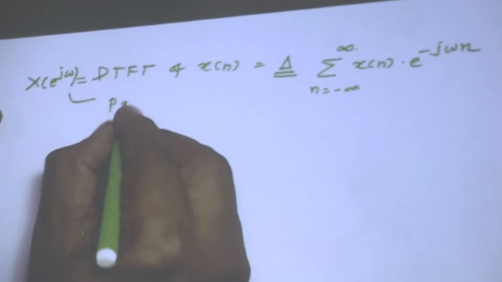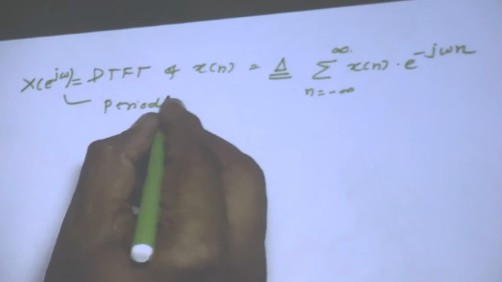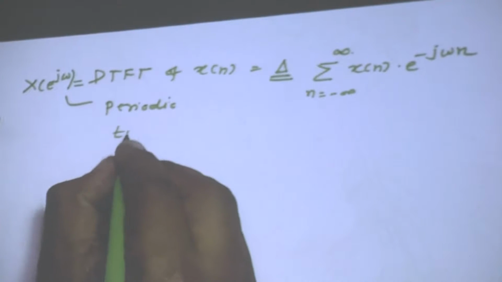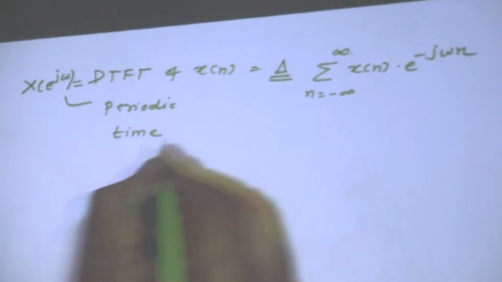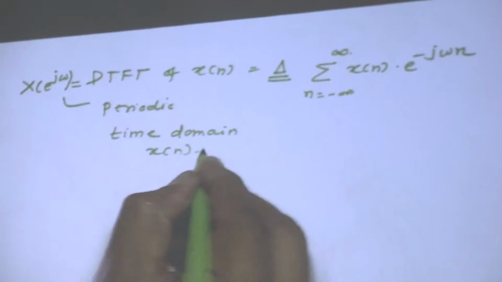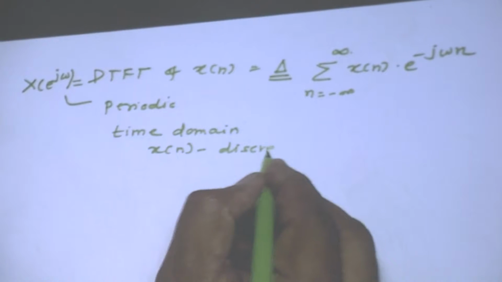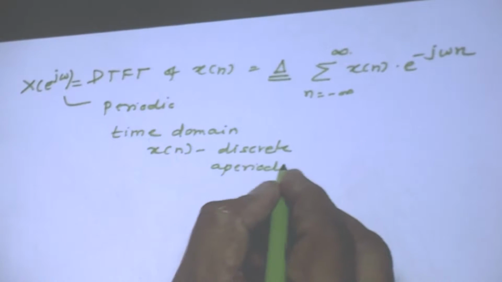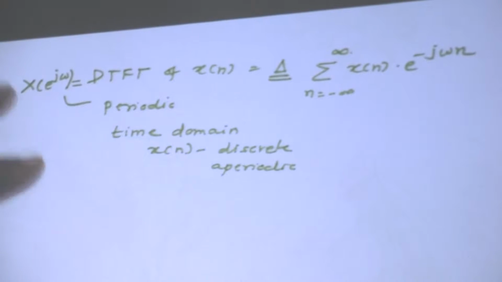This X(e^{j omega}) is periodic. The only point is that the time domain function x[n] is discrete and is also aperiodic, from minus infinity to plus infinity.